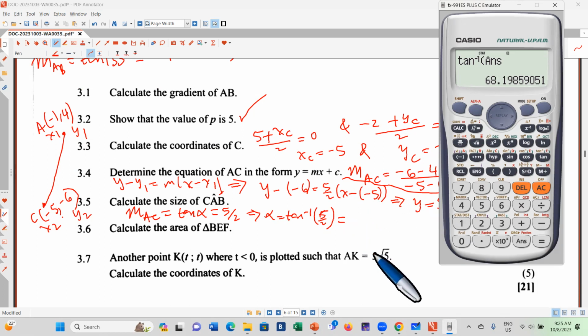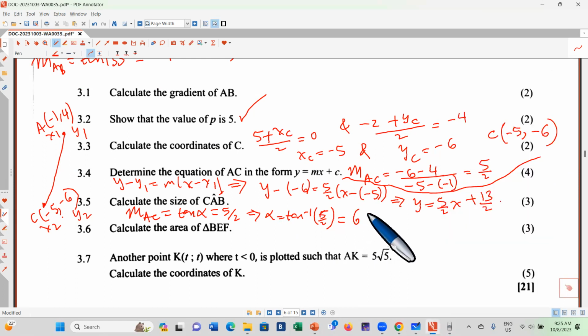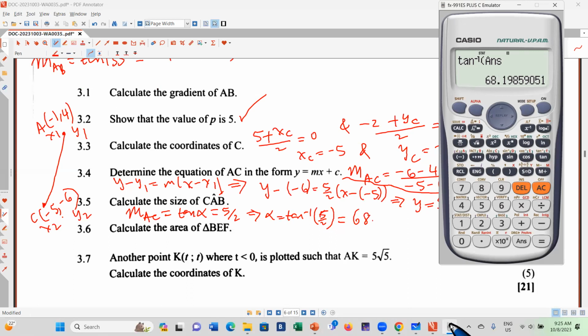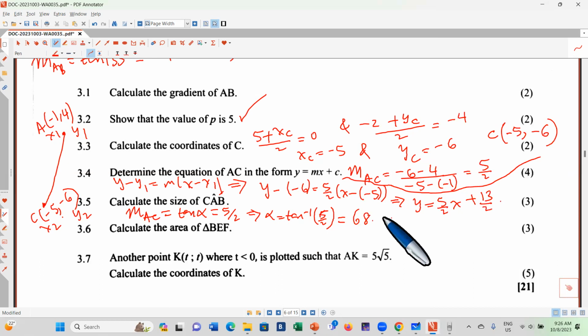So what is the result? The result is actually 68.199, something that way, degrees. That is the angle alpha.